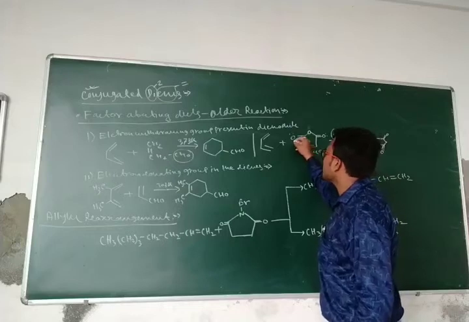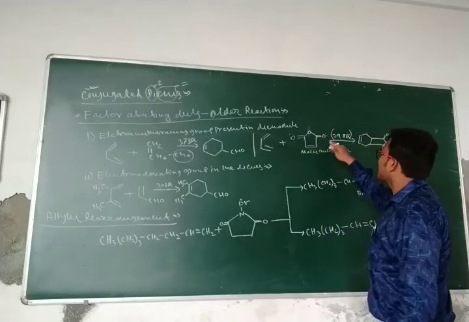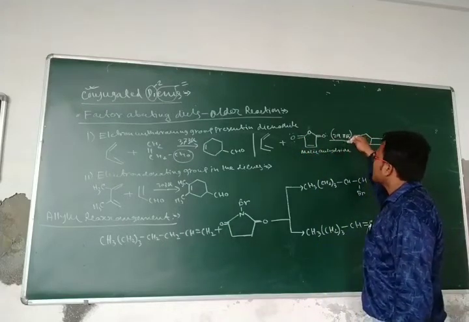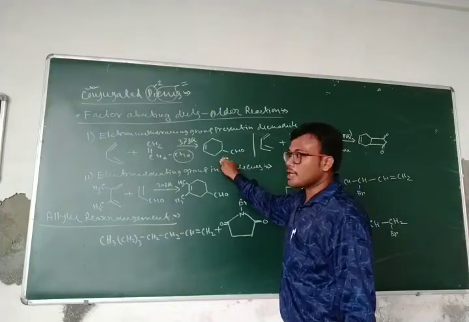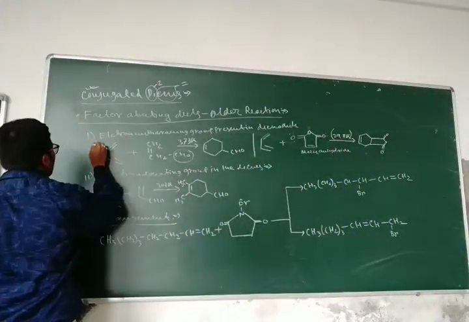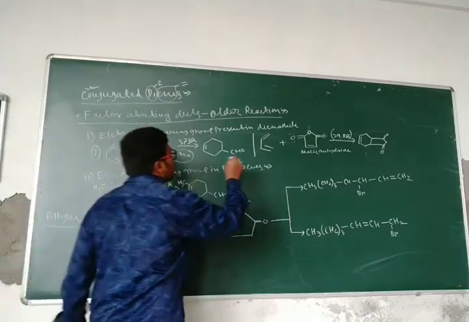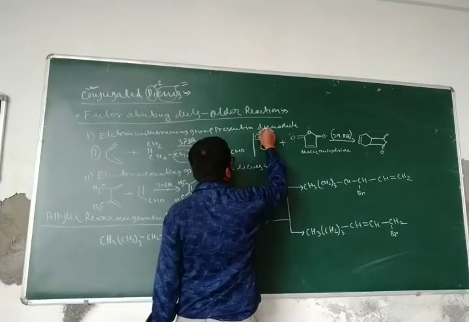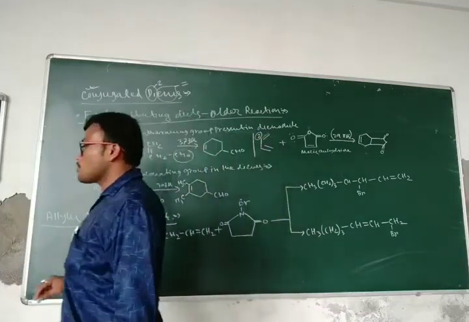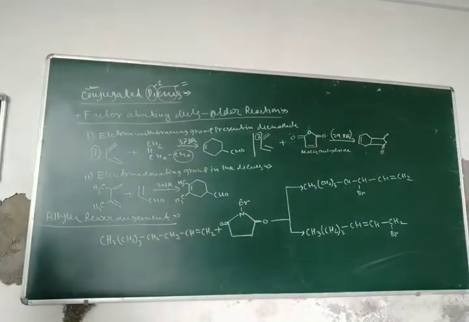Oxygen is an electron withdrawing group, so the temperature in the reaction becomes lower than the first reaction. So this is the effect of the presence of electron withdrawing groups. Electron withdrawing groups also increase the rate of reaction.